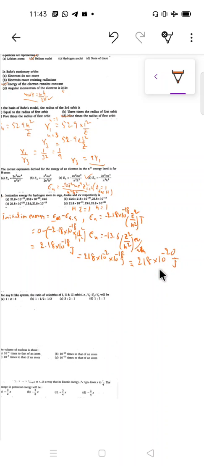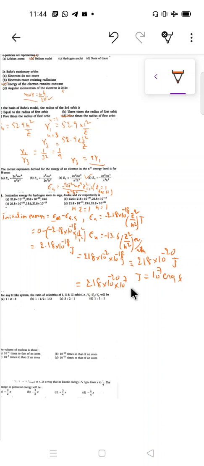Okay, we know that 1 joule is equal to 10 to the power of 7 ergs. Let us substitute here. On substitution you get 2.18 into 10 to the power of minus 18 into 10 to the power of 7.